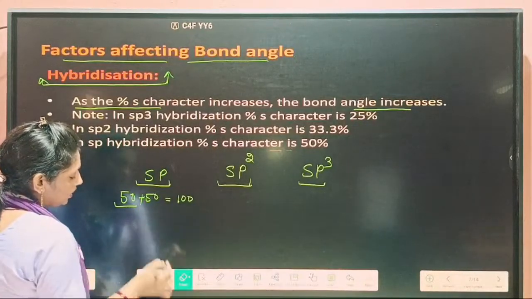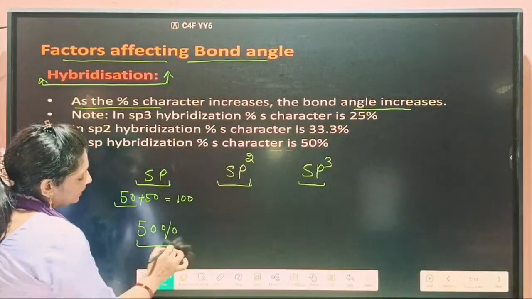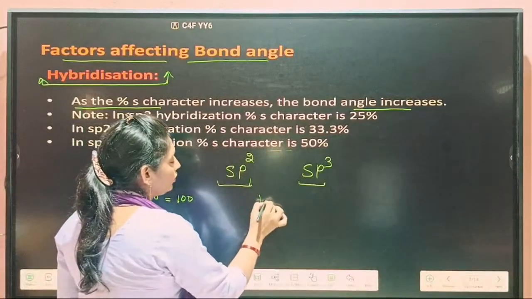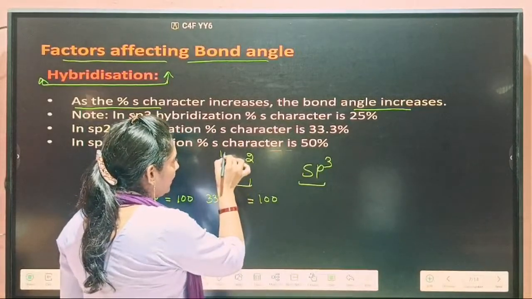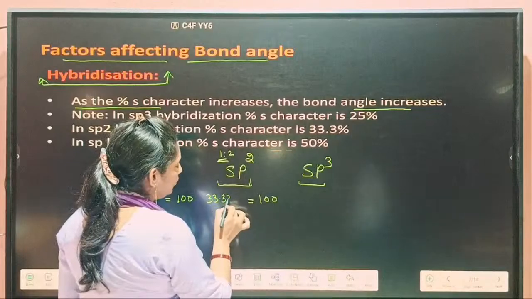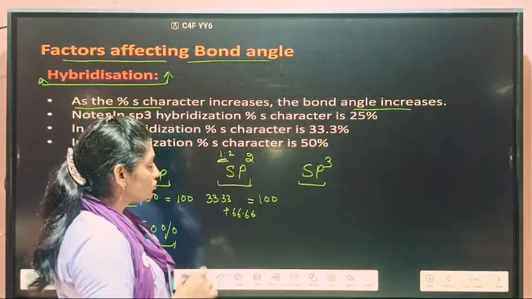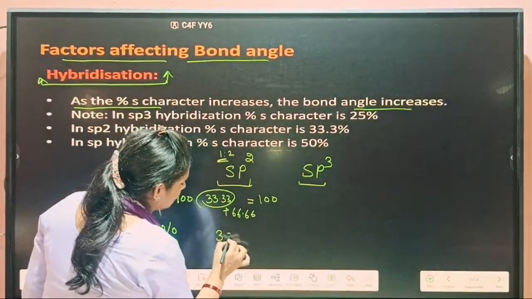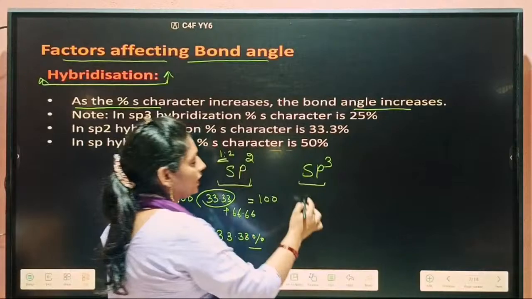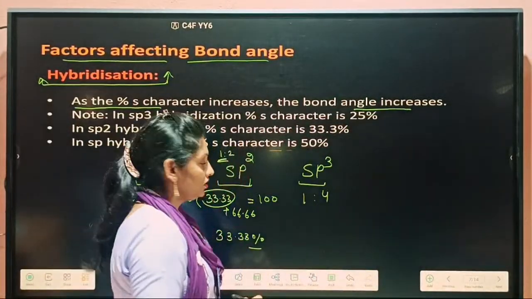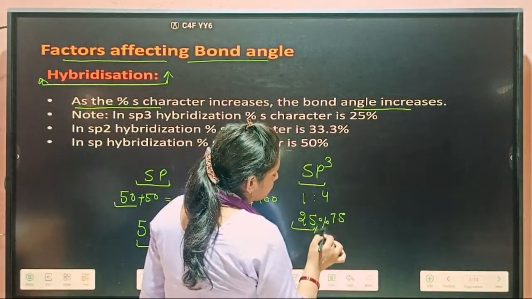Here s character is 50%. In sp2, s and p are in a 1:2 ratio, so 33.33 and 66.66 approximately. So s character is 33.33% approx. In sp3, s and p are in a 1:3 ratio, so 25 and 75. So here s character is 25%.